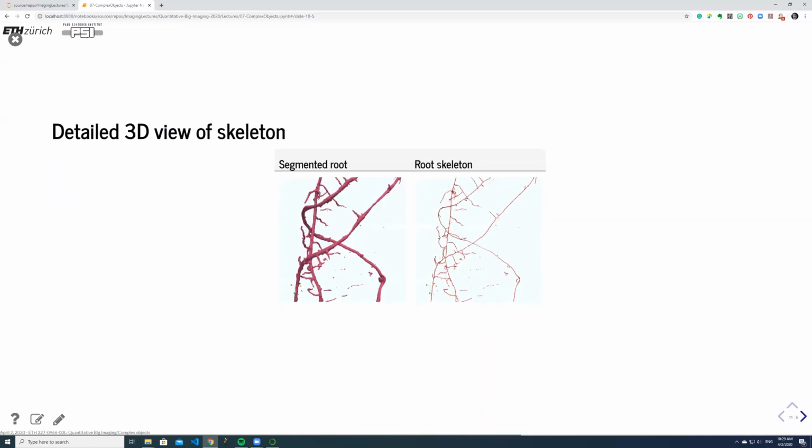But if we look at it in a more detailed view, we have the segmented root here, and then we have all the skeleton, and you can see that there are some regions here which are not connected, and these you will identify during the exercise when you do that.